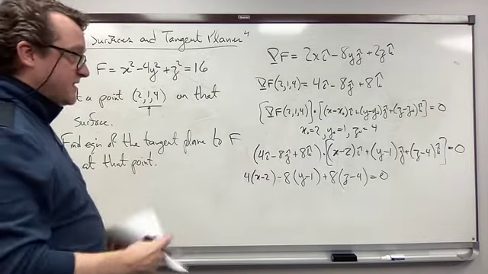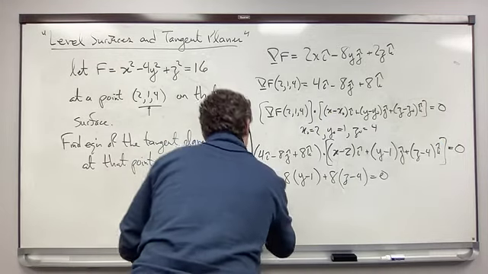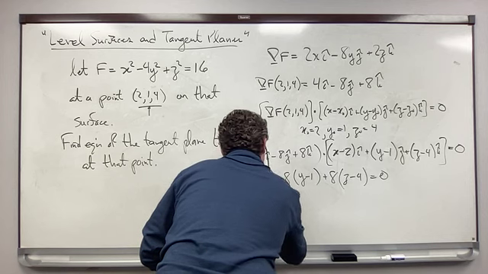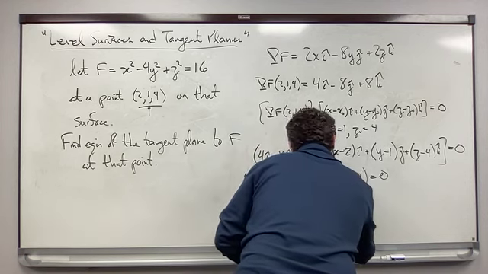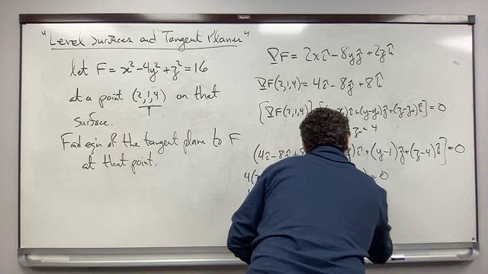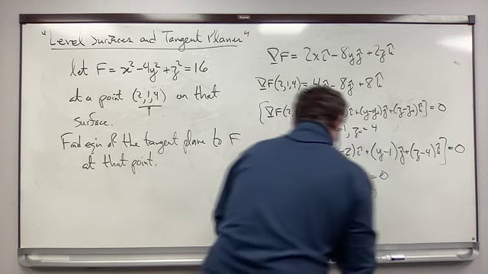And then you could leave it like that, or you could simplify. I'd probably simplify, so I'd go 4x minus 8 minus 8y plus 8 plus 8z minus 32 is 0.